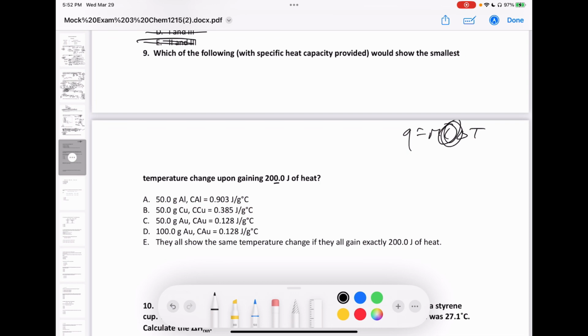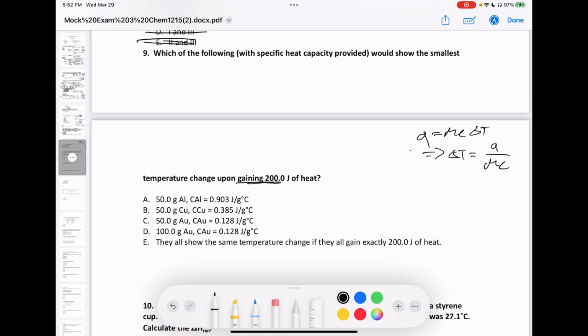For this problem, it gives you the mass and the heat change, and this is gaining heat, so that's going to be a positive Q. What I would do is start with Q equals MC delta T and arrange it for temperature change, because that's what you're looking at. Delta T is going to be equal to Q over MC.